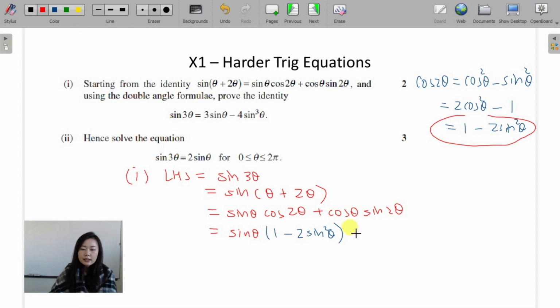And then for sine 2 theta, there's only 1 double angle rule, thankfully, so no extra formulas to remember there. Oh, I was meant to do that in a different color, sorry. Let's expand.